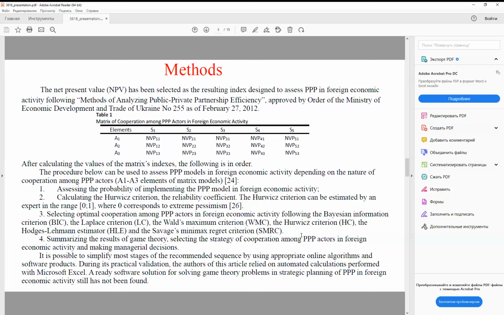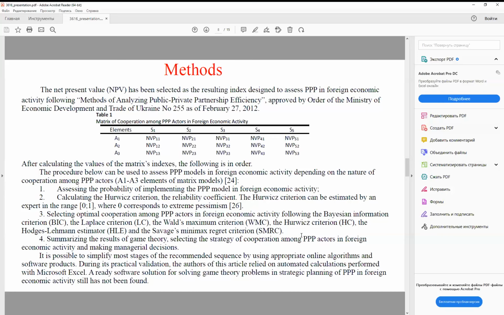Next, calculating the Hurwicz criterion, the reliability coefficient, and the Bayesian information criterion, the Laplace criterion, the Wald maximin criterion, and the Savage minimax regret criterion. And last, we summarize the result of the game series, selecting the stages of cooperation among PPP actors in foreign economic activity and making managerial decisions.